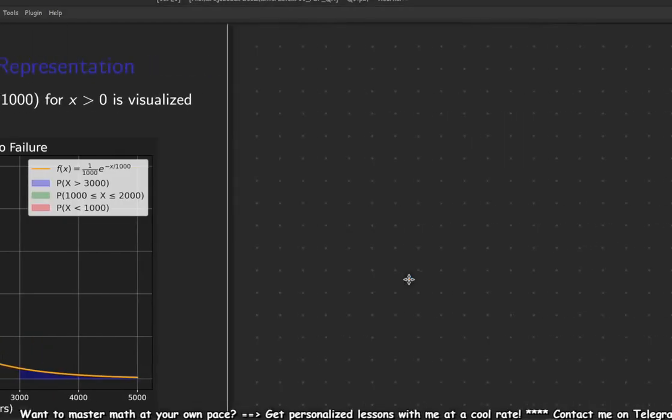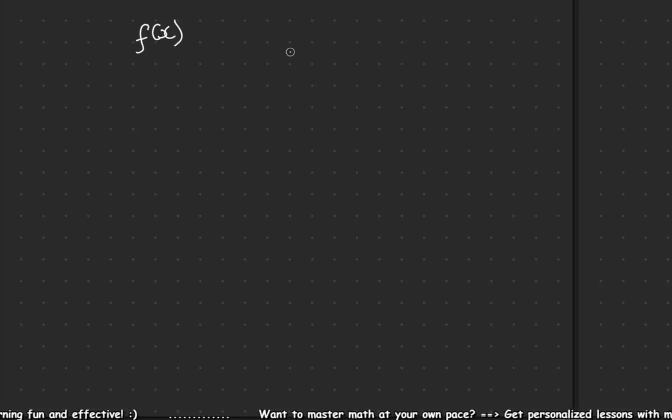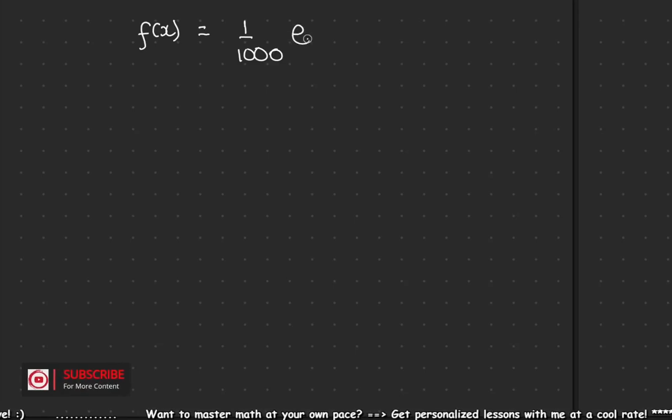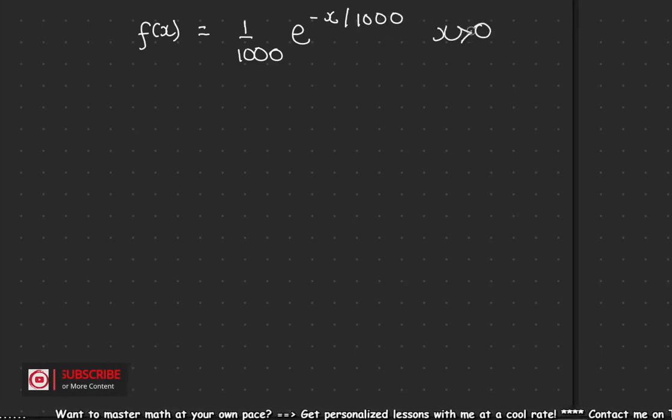Now we have to take note that our probability density function was given as f of x equals 1 over 1,000 times e to the power negative x over 1,000, for x greater than 0.